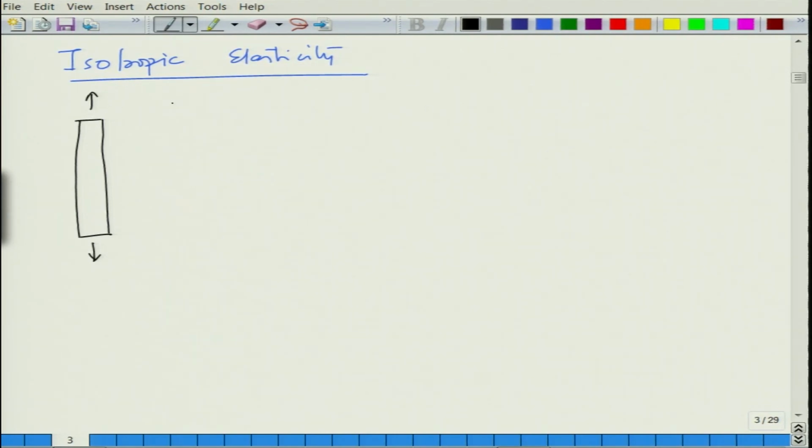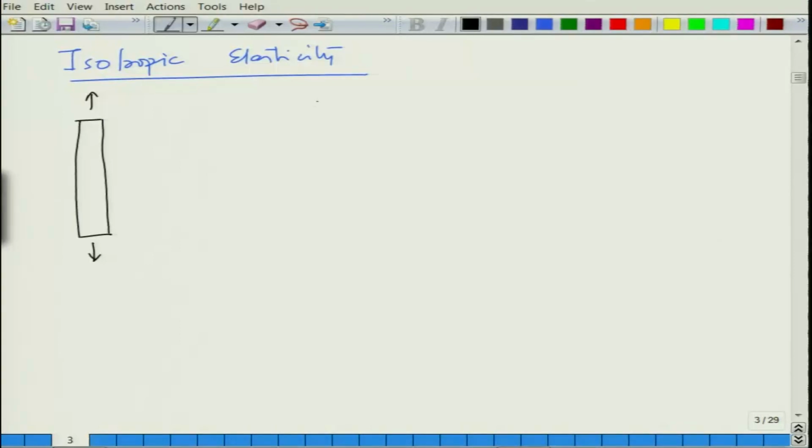But it will also lead to contractions, so you will have axial tensile strain as well as lateral strain which is contracting in nature. So we have epsilon x, which is sigma x divided by E, then we have epsilon y and epsilon z as well. Epsilon x because of epsilon y will be minus nu epsilon y, and epsilon x because of epsilon z will be minus nu epsilon z.